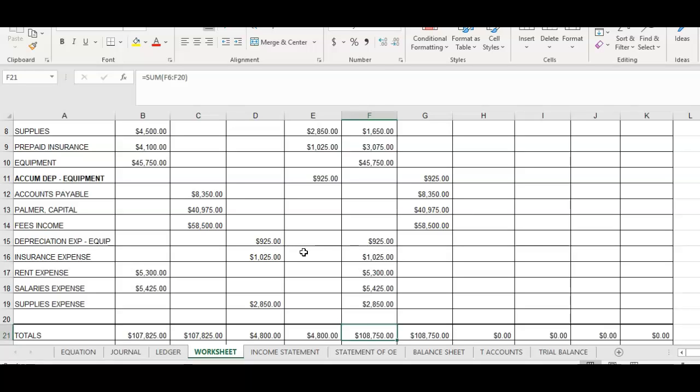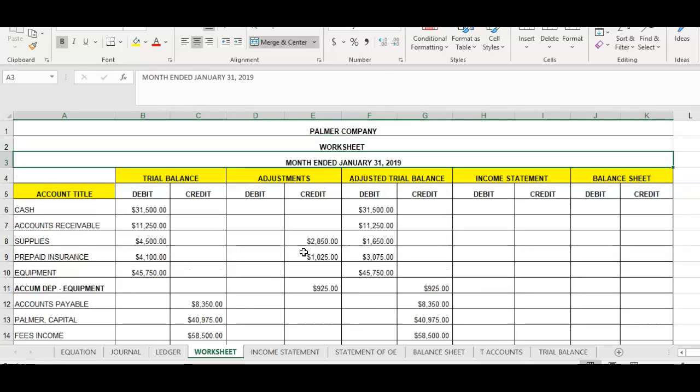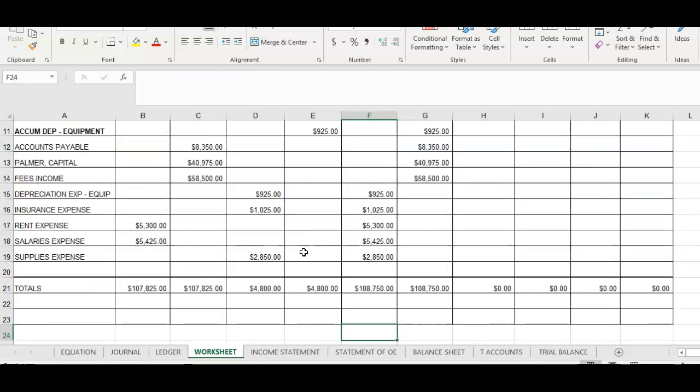So once you brought the balances over from the adjustments to the adjusted trial balance, you want to make sure that the totals are balanced. So the total for the debit column must equal the total for the credit side. Both sides total $108,750.